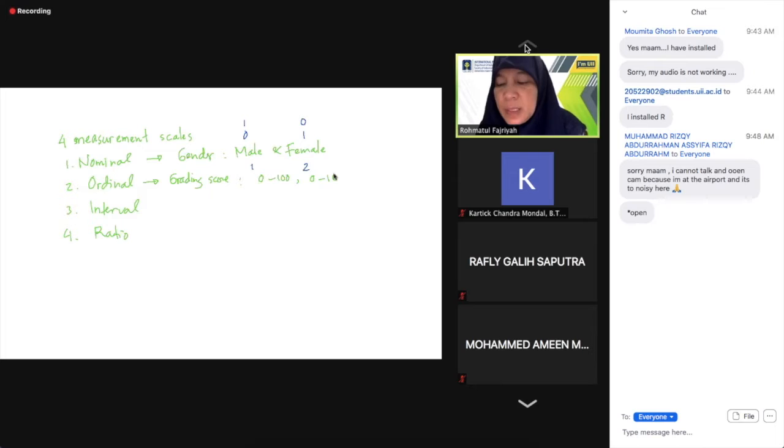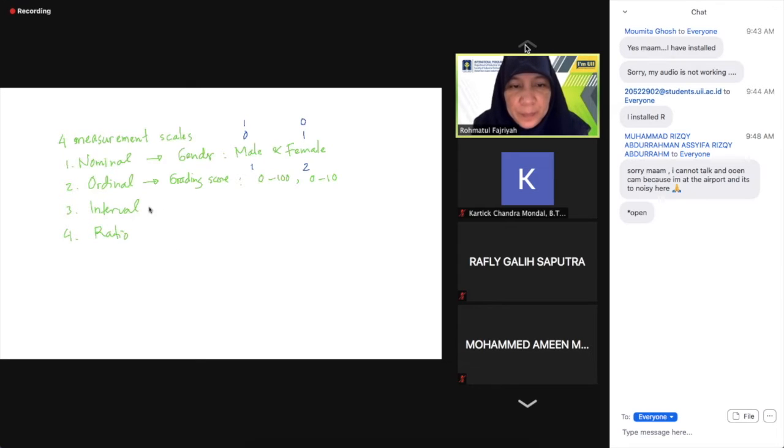For example, 100 is greater than 99. But for the nominal, there is no order at all. If, for example, I use 0 for male and 1 for female, it doesn't mean that female is greater than male. Okay, so this is just an assigned number. But for ordinal, if, for example, I have grade 65, and you have grade, for example, 80, then you are better than me. Okay.